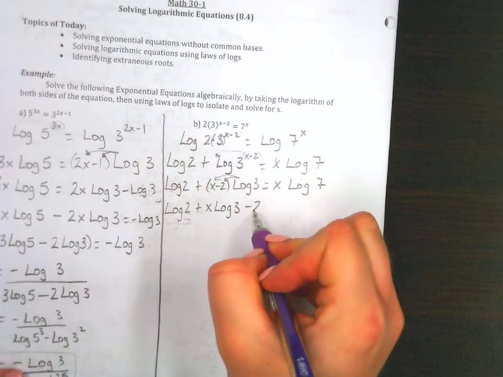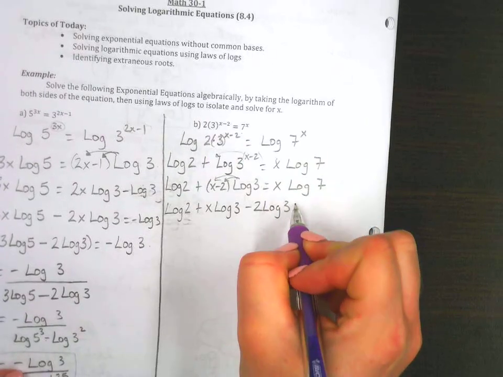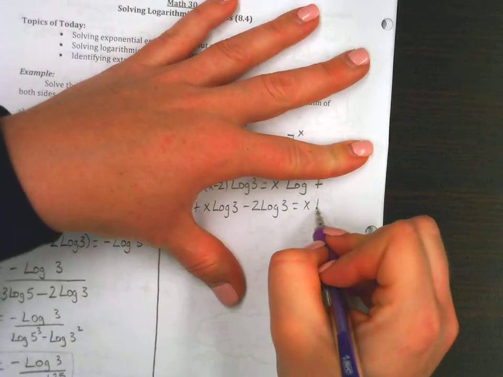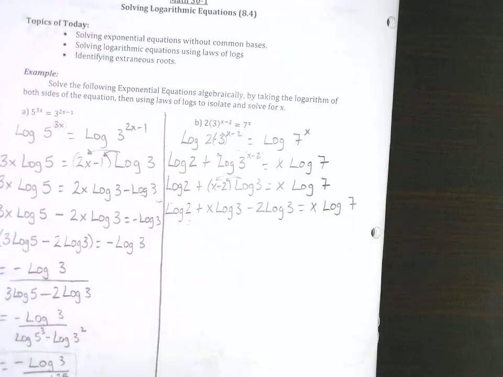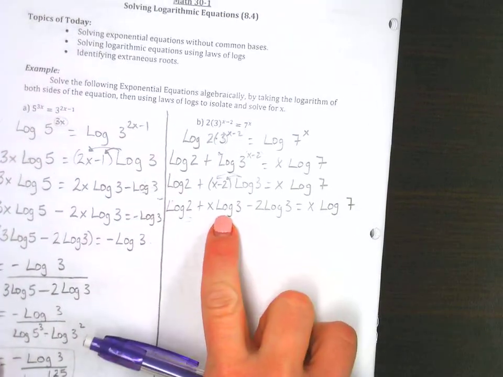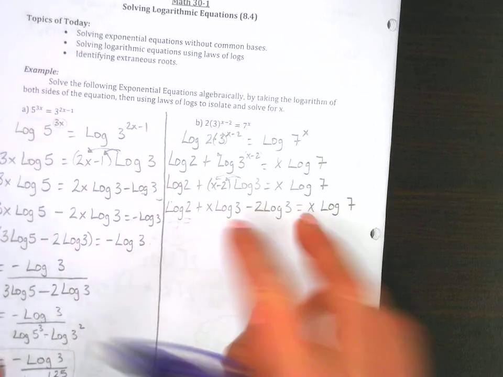Now I want to collect my x's on one side of the equation. So I have log 2 minus 2 log of 3 equals x log 7 minus x log 3.